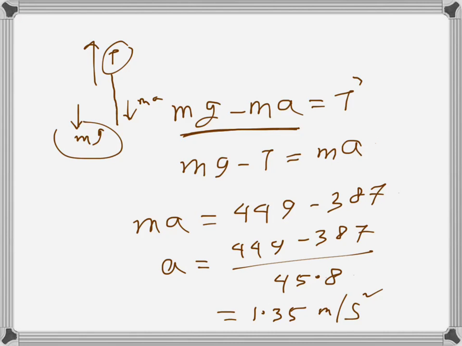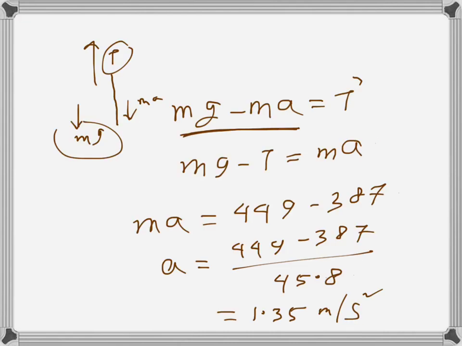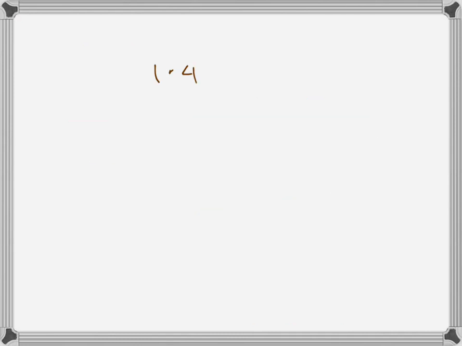I will just round it up to 1.4 meter per second square because it is 1.35 something. So that is the acceleration. If the acceleration is less than that, the rope will snap.